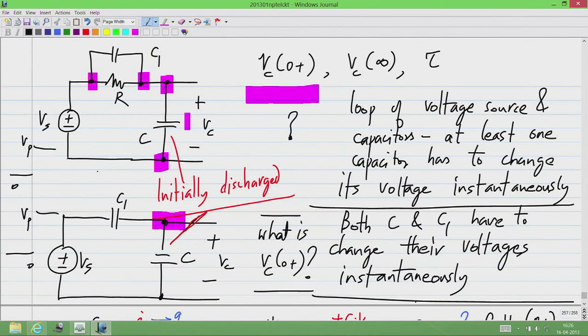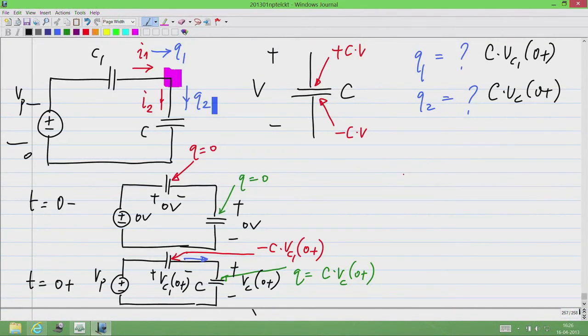Okay. I think I wrote this wrongly. This capacitor is C1. So, this is minus C1 Vc1 of 0 plus, and the charge on this plate, this capacitor is C times Vc of 0 plus.